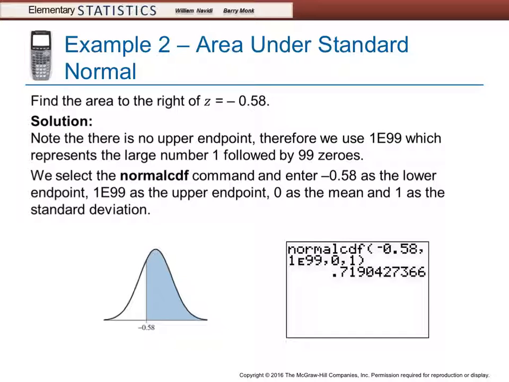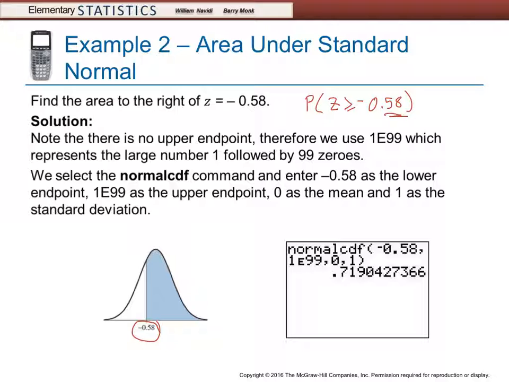Now we're going to look at finding the area to the right of z. Here in this particular case, we have the probability of z greater than negative 0.58. So this is going to be our lower bound under the normal CDF command, negative 0.58.